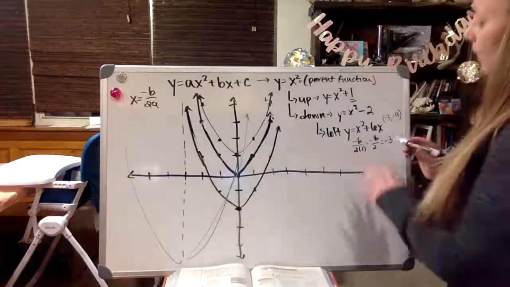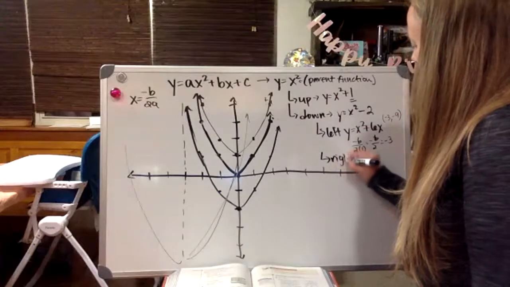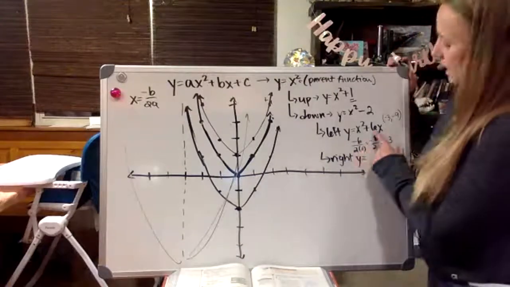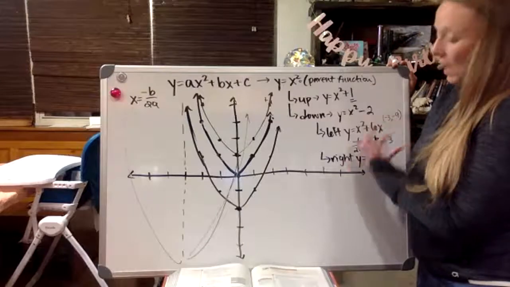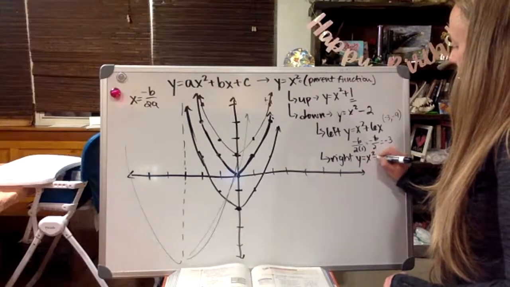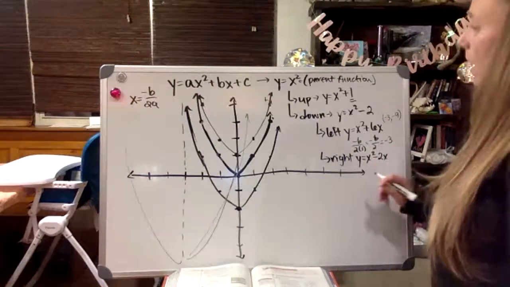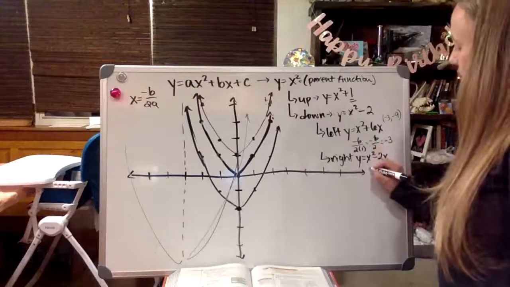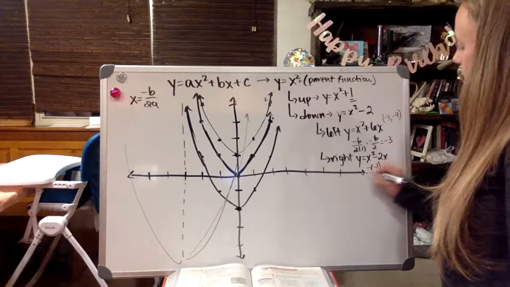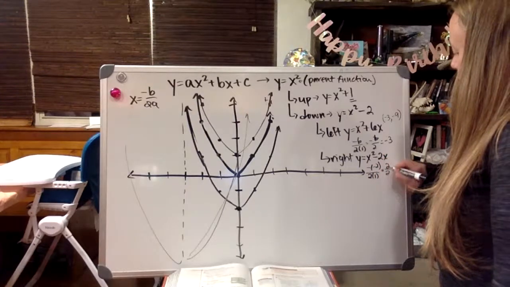Now, if I want to shift something to the right, instead of a positive 6 here, I want to see a negative number. Y equals x squared minus 2x this time. Let's see what happens there. If I have negative b over 2a as my equation for axis of symmetry, I have a negative negative 2 over 2 times 1. So I get 2 over 2, or 1.